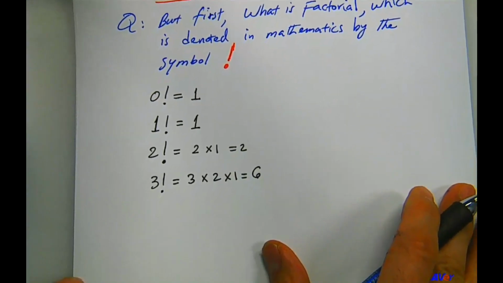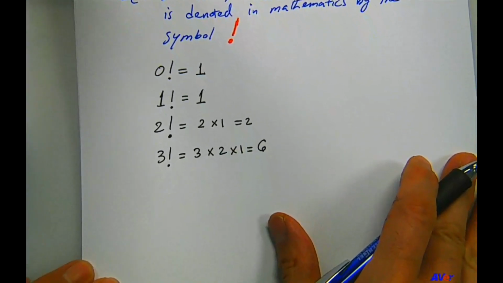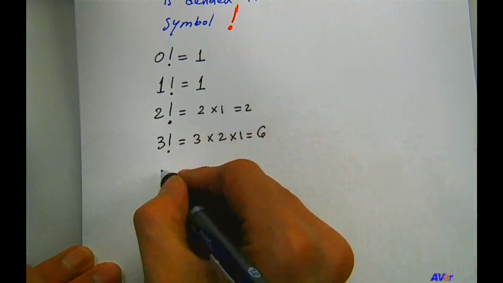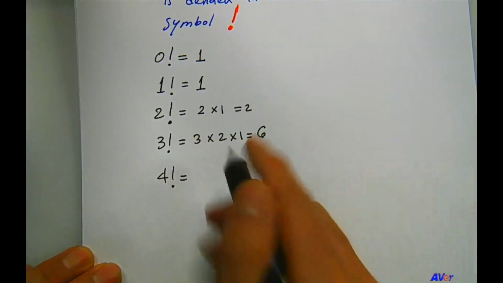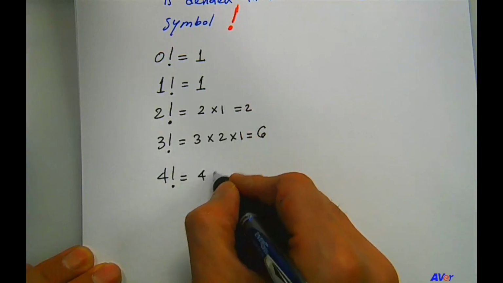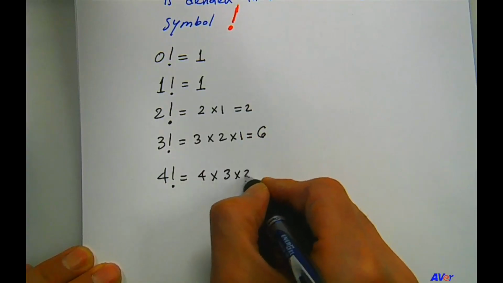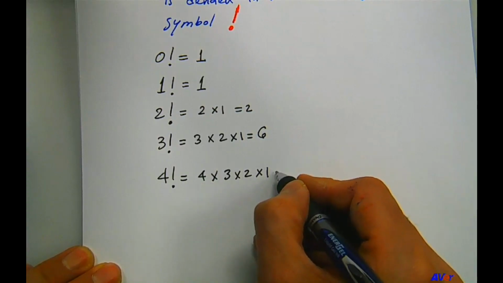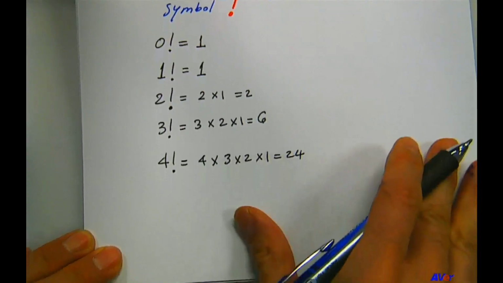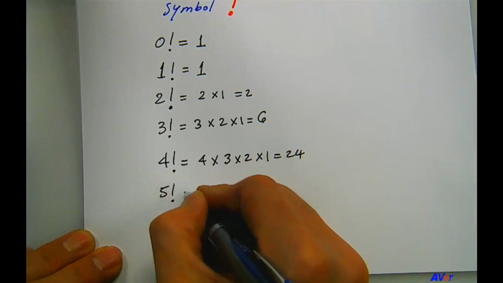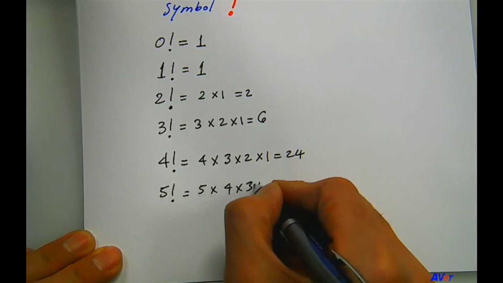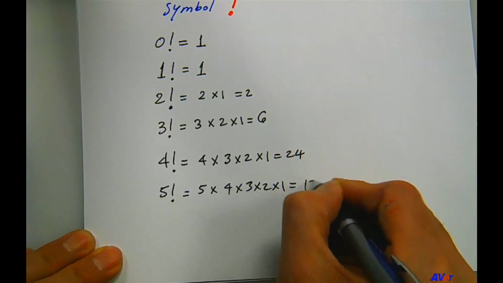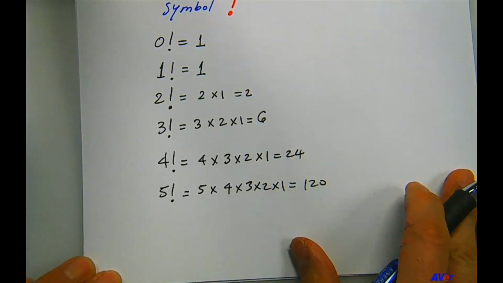And I'm going to go up to 5 factorial, and stop after that. So just to make sure that you know how this calculation is, 4 times 3 times 2 times 1 equals 24, and then finally 5 factorial is equal to 5 times 4 times 3 times 2 times 1, or 120.